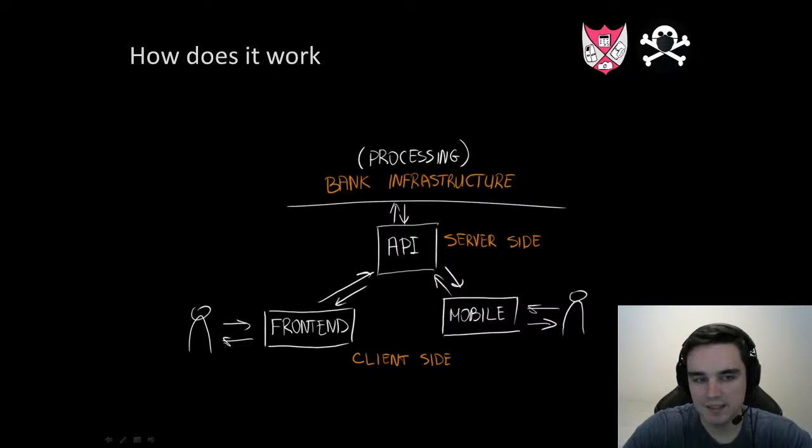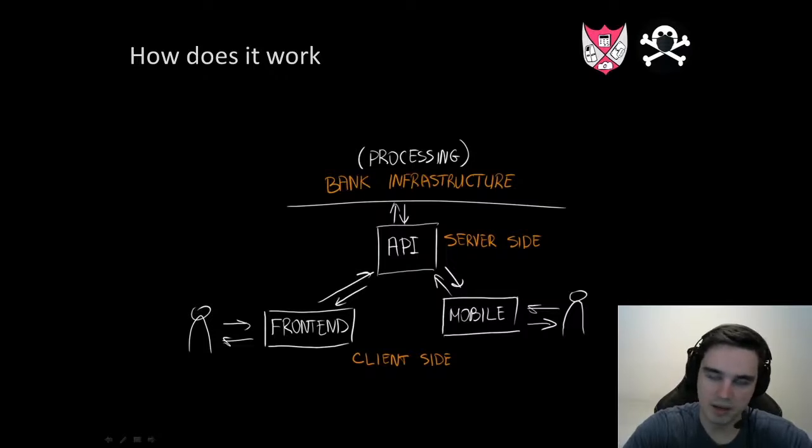The front end is something that loads in the browser of clients. It can be Angular, it can be a React application, it can be HTML with AJAX requests, but it doesn't usually work like this now.